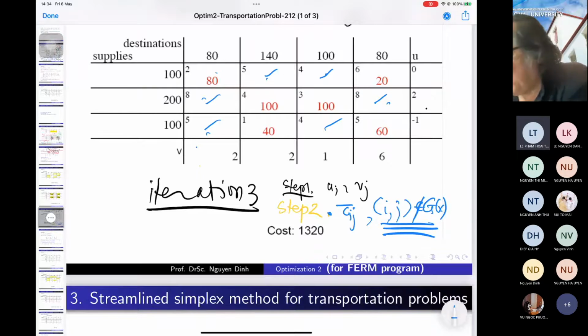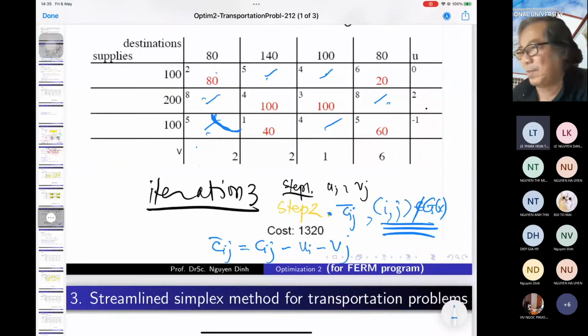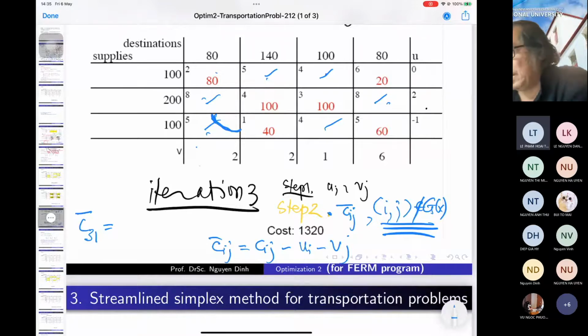For example, I want to calculate this C bar. And then what is it? You remember, C bar ij equals Cij minus Ui minus Vj. Is that okay? So this number is what? We have C bar 3,1 equal to 5 minus 1 minus 2.